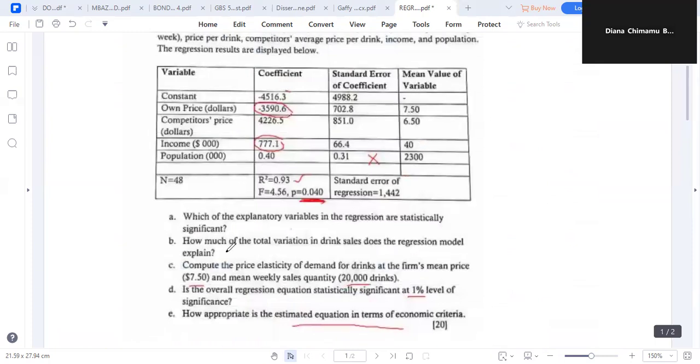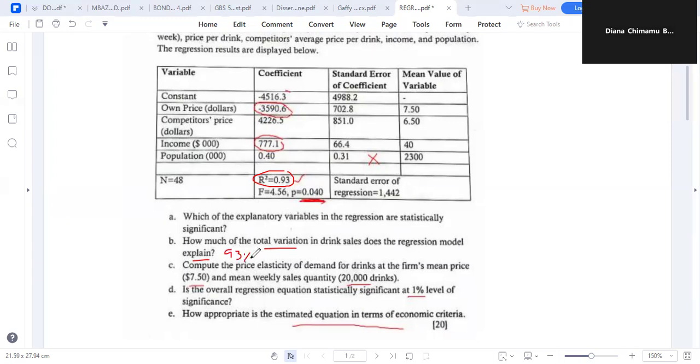It's asking how much of the total variation in sales does the regression model explain? So you see this 0.93, meaning 93% of the variation affects the entire model.